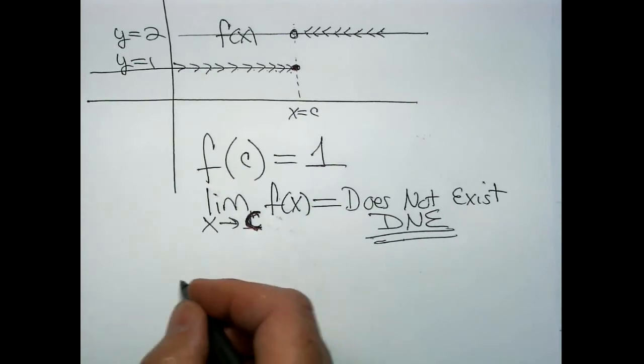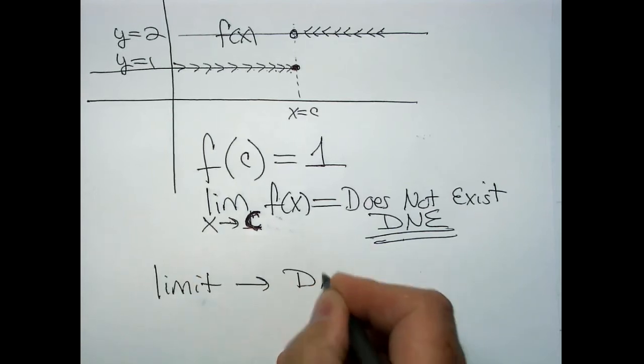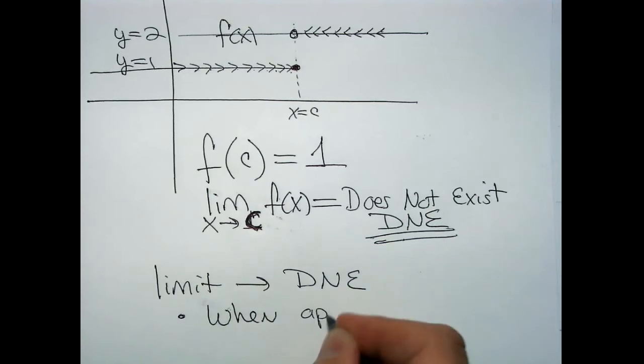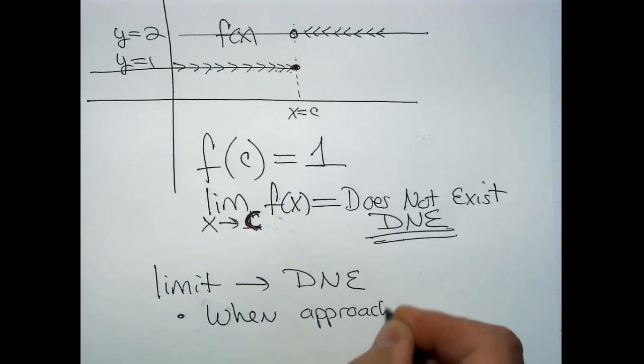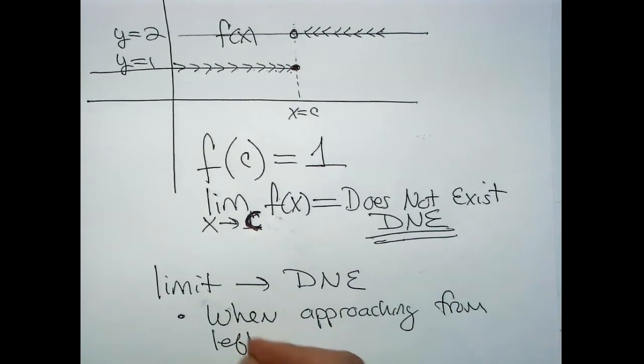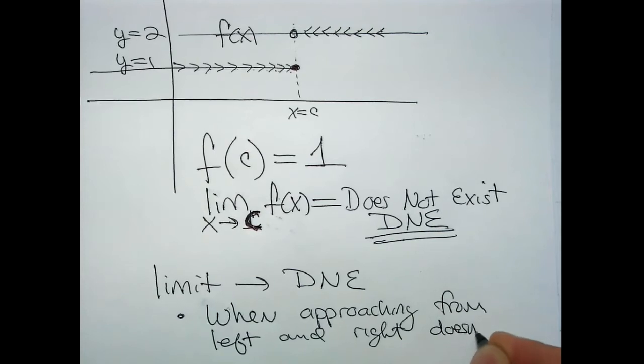But one reason is a limit does not exist when approaching from the left and right doesn't match.